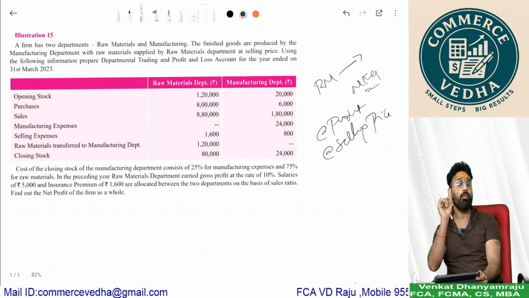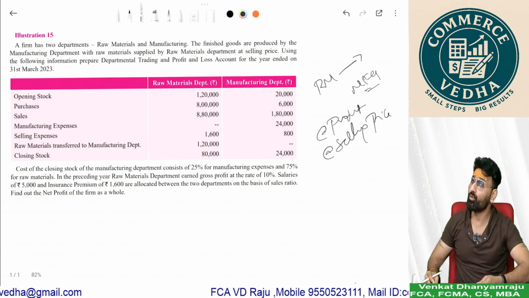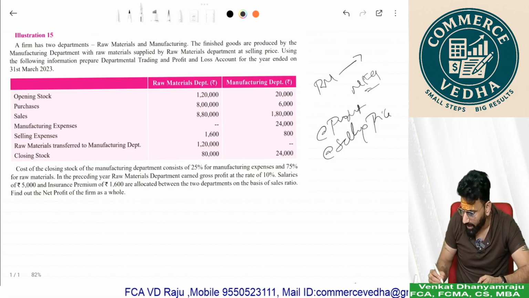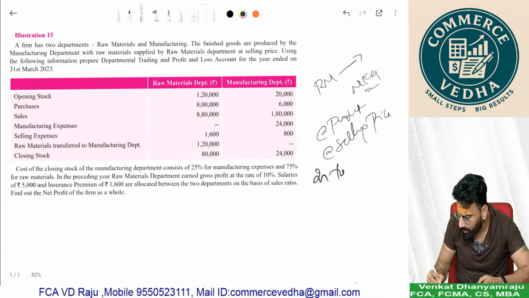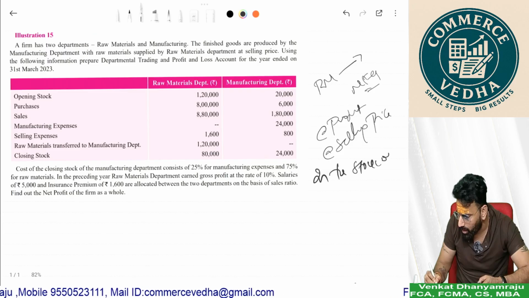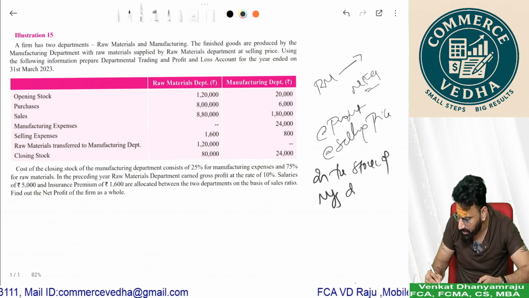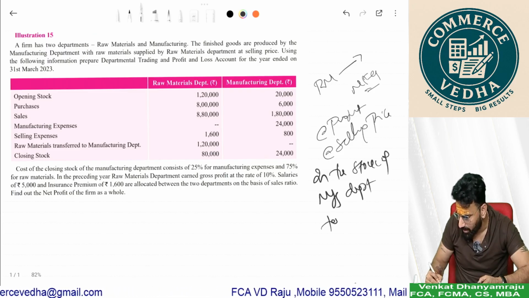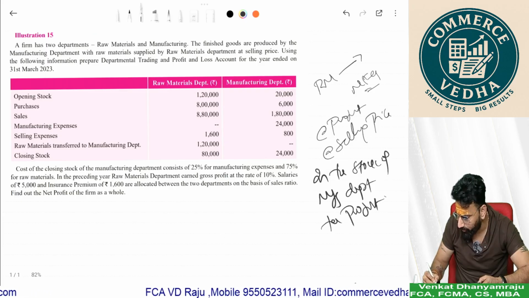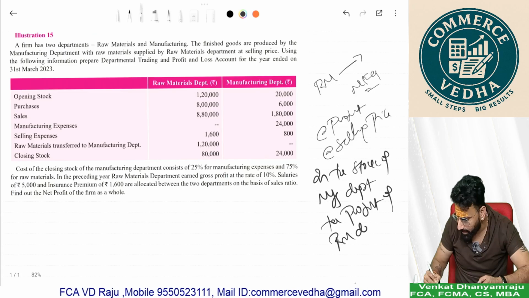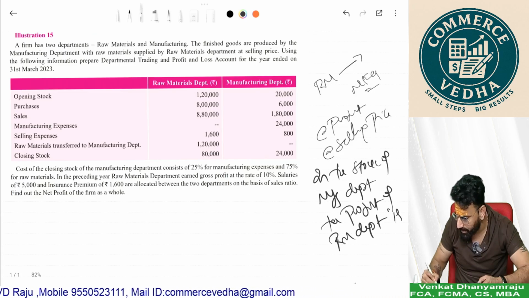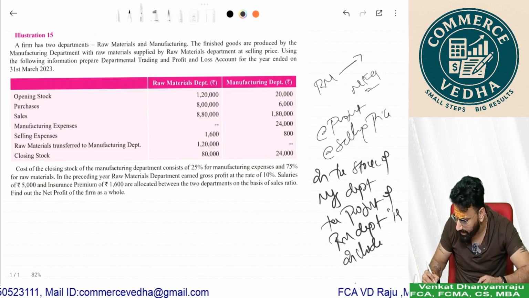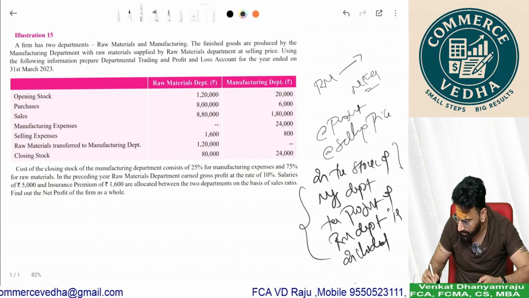This question is all about intercompany profits. In whose goods is the profit included? In the stock of the manufacturing department, the profit of the raw material department is included. This is the crux of this answer.